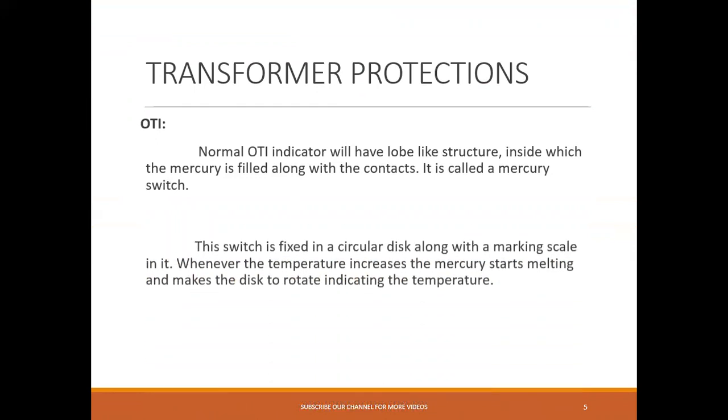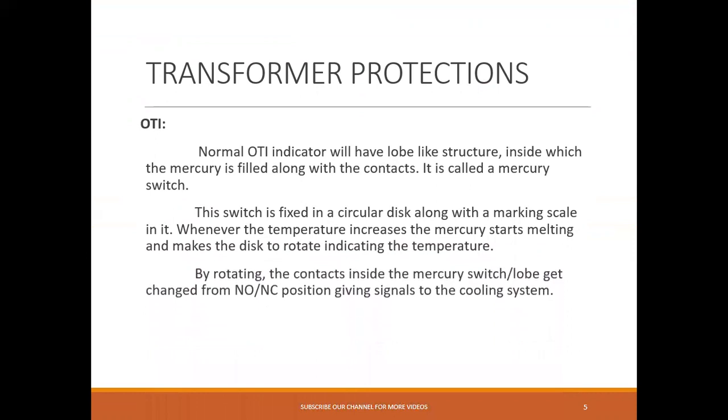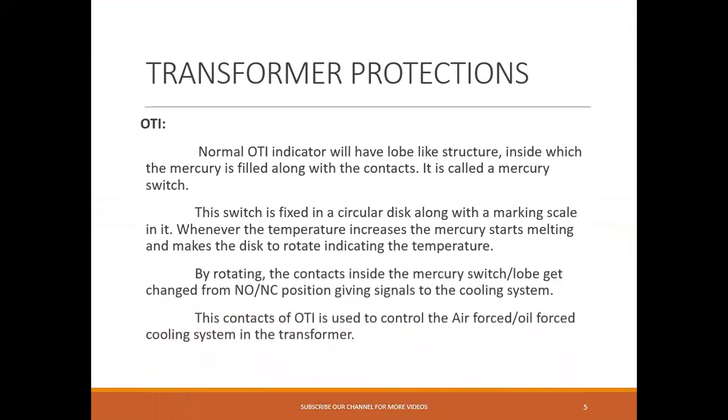The normal oil temperature indicator will have a lobe-like structure inside which mercury is filled along with contacts. It is called a mercury switch. This switch is fixed on a circular disc along with a marking scale. Whenever the temperature increases, the mercury expands and makes the disc rotate, indicating the temperature.